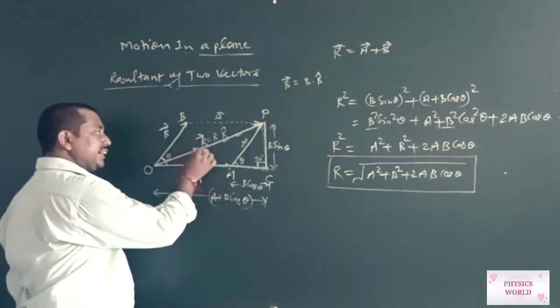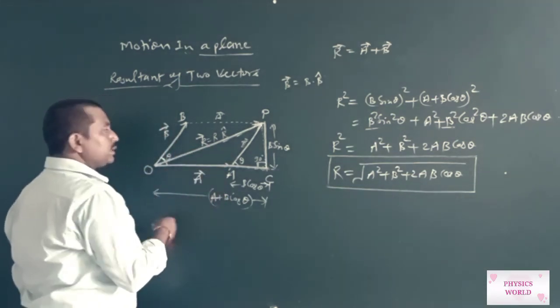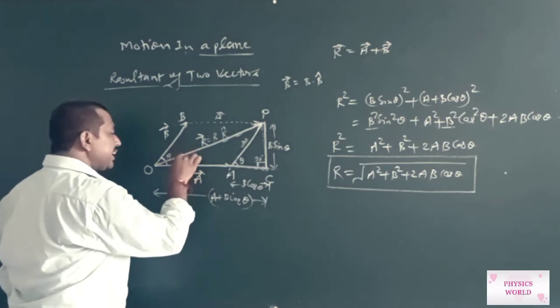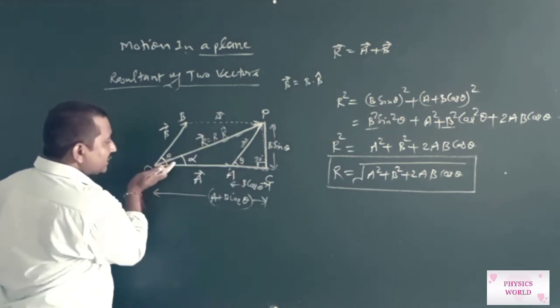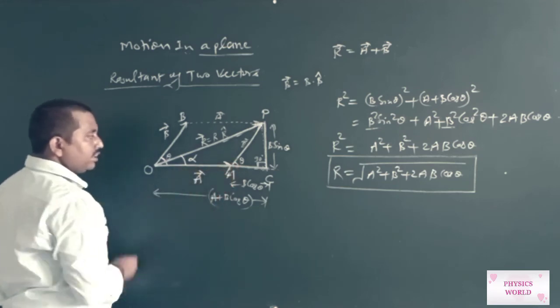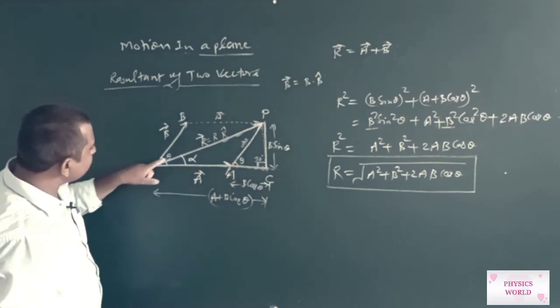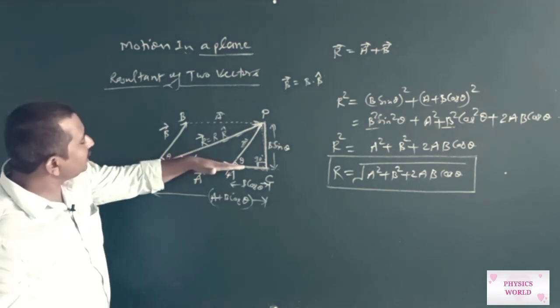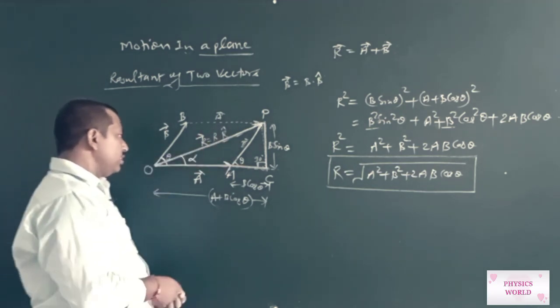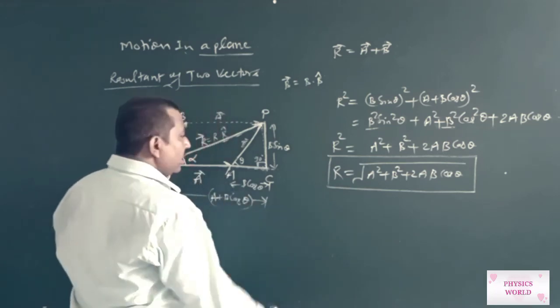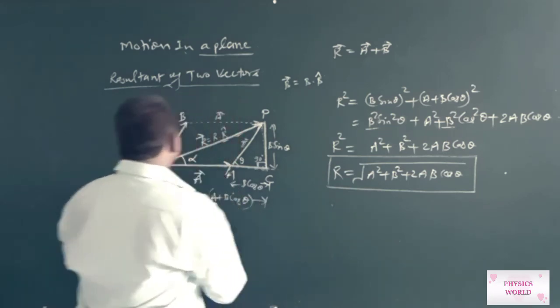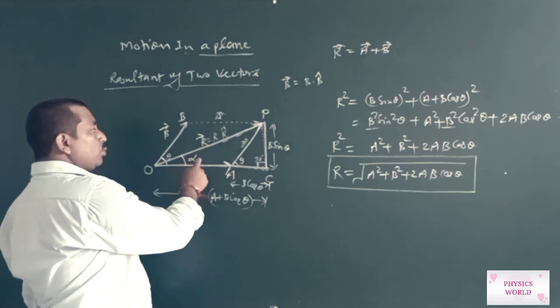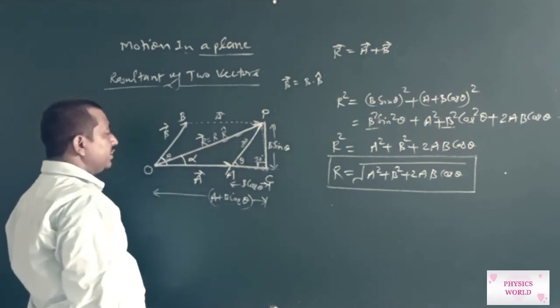And what will be the direction of this resultant? Suppose that this resultant makes an angle alpha with the direction of the first vector, vector A. Then we can easily obtain the value of alpha, which provides the direction of the resultant.